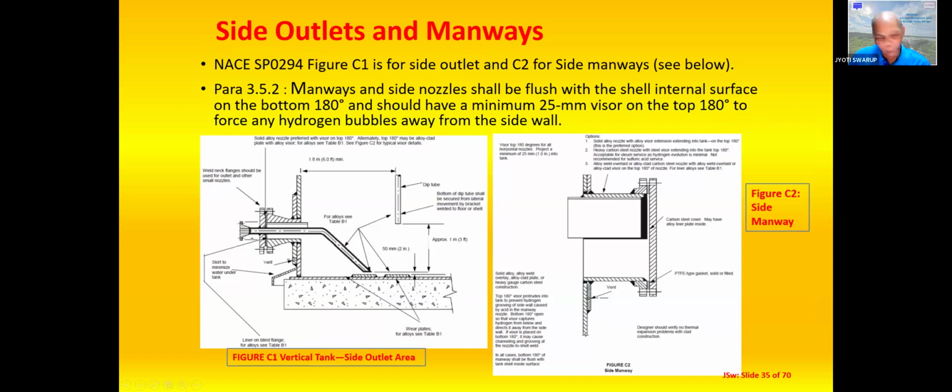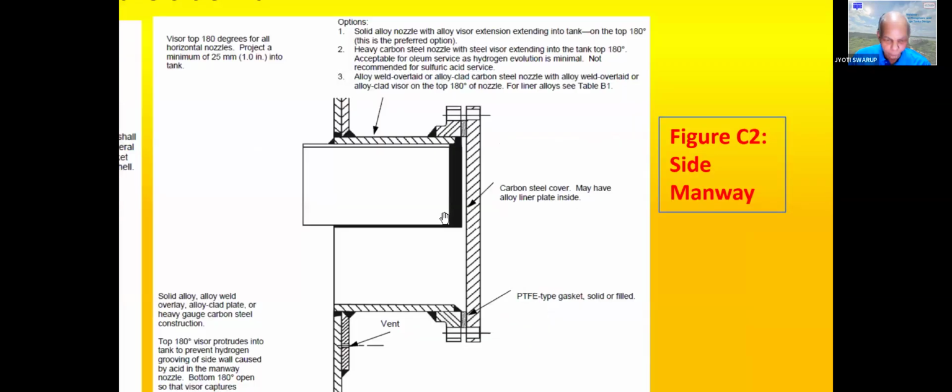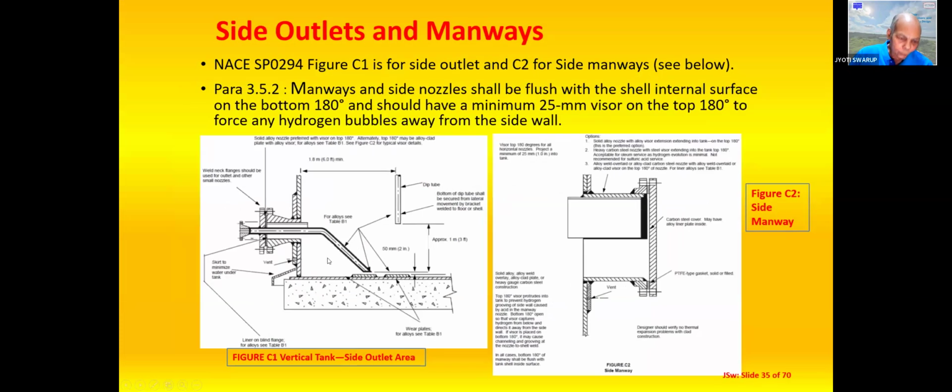So this kind of a visor is normally installed into the manways of the nozzle to make sure that the manways do not have this kind of a grooving problem. So these are some of the protective designs that we make when we are trying to design a sulfuric acid tank.